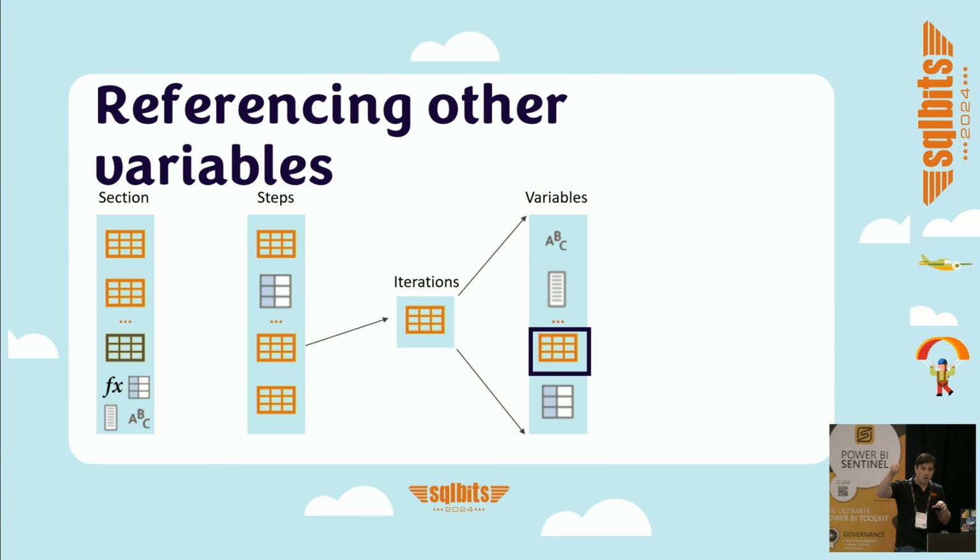Within that scope of that highlighted table, I can reference other previous steps. I can access other previous variable names. But by default, I can't access the previous iteration's set of variables. For example, I'm in iteration row by row.